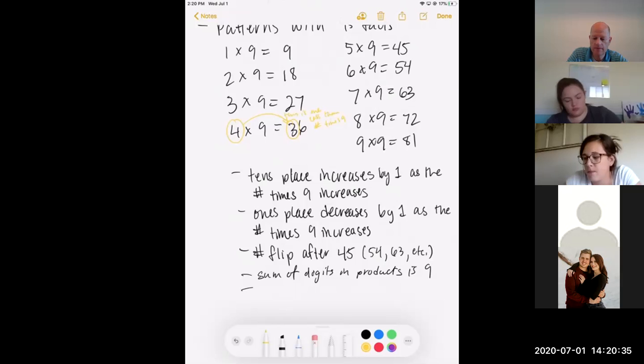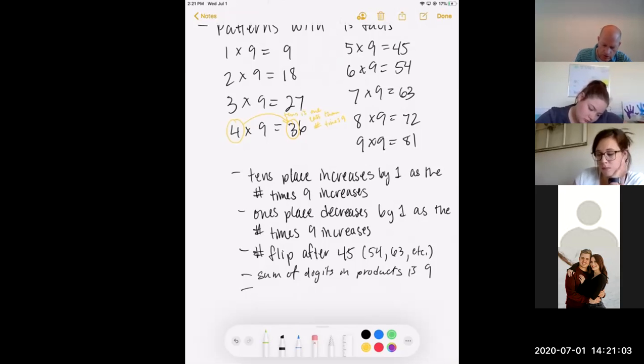For the 4 times 9? No, because you're doing 1 minus 10. Right. Good. So it's not a coincidence because it happens on all of the number facts, right? Yeah. All the number facts have the tens digit one less than the number you're multiplying by 9.